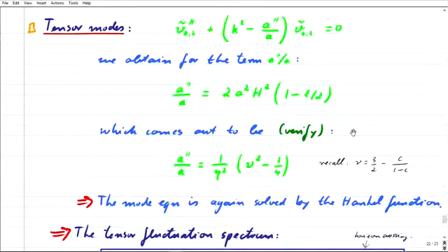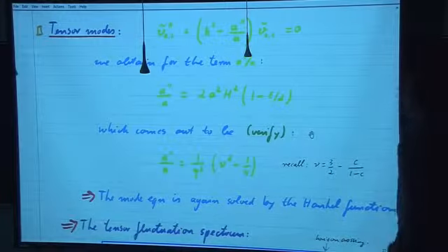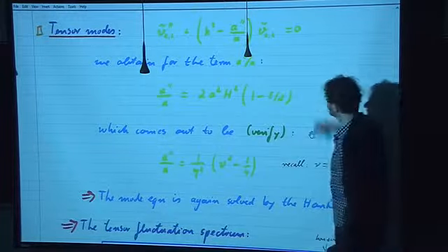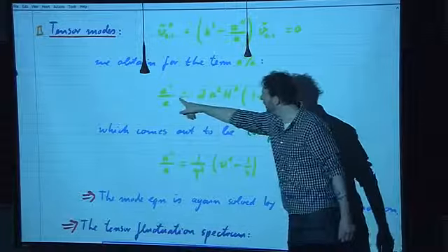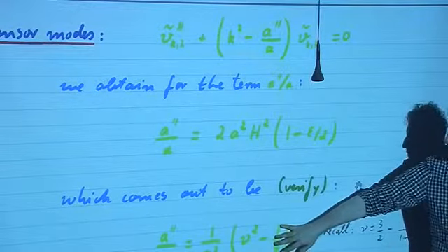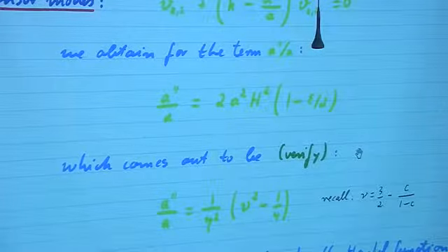But then let's look at the tensor modes. What are the predictions there? Well, for the tensor modes, for the gravitational waves, we have a usual Klein-Gordon equation, and we obtain for the a double prime over a, in the case of power law inflation, this expression here, which we can then simplify, and it comes out to be this.